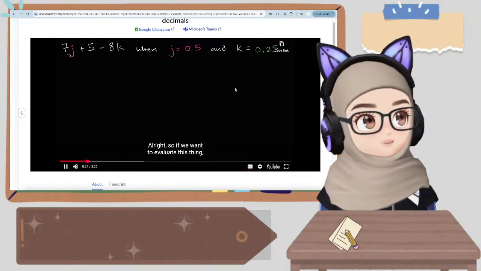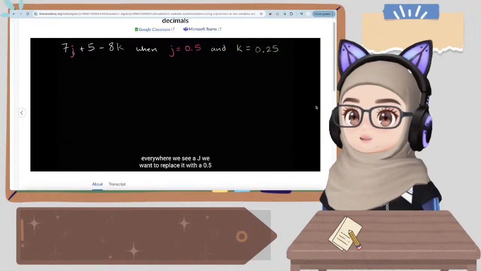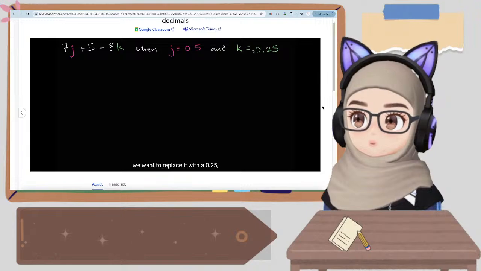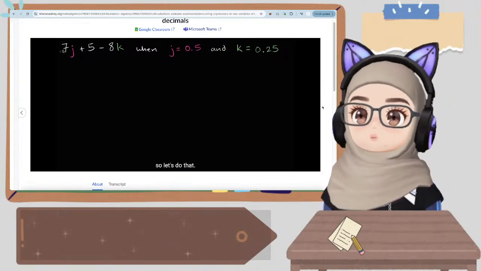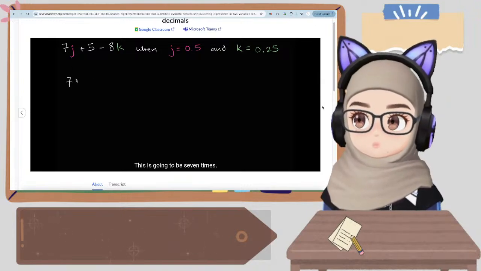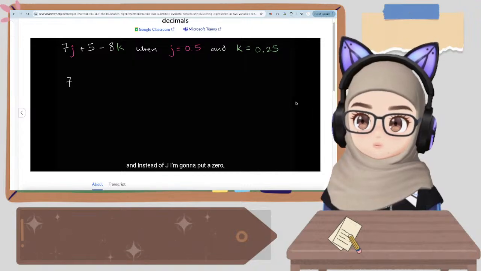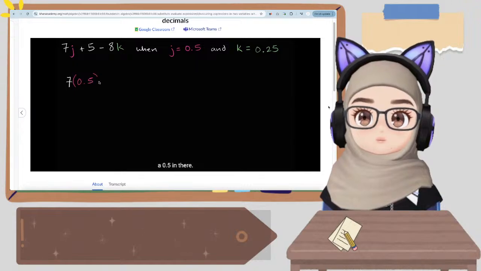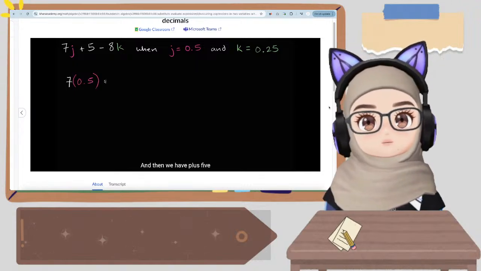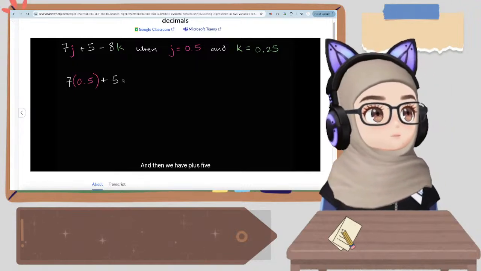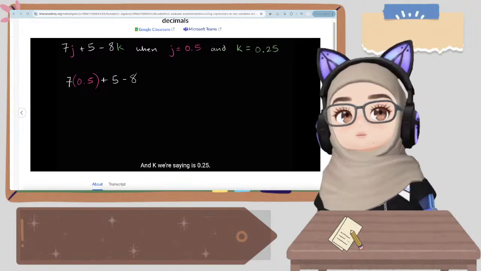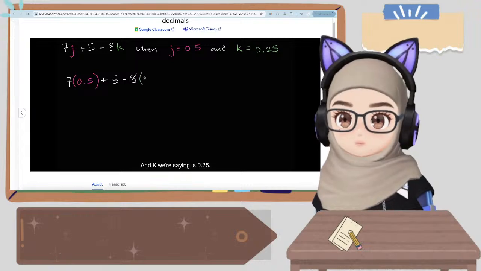All right, so if we want to evaluate this thing, everywhere where we see a j, we want to replace it with a 0.5, and everywhere we see a k, we want to replace it with a 0.25. So this is going to be 7 times 0.5, and then we have plus 5 minus 8 times k, and k we're saying is 0.25.